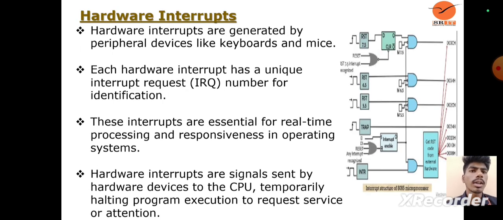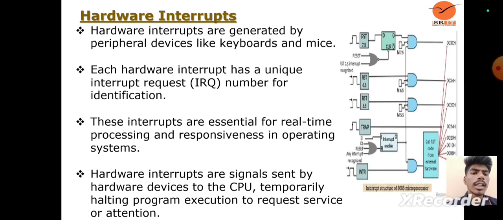Now, hardware interrupts are generated by peripheral devices like keyboard and mic. Each hardware interrupt has a unique interrupt request, IRQ, number for identification. These interrupts are essential for real-time processing and responsiveness in operating systems.